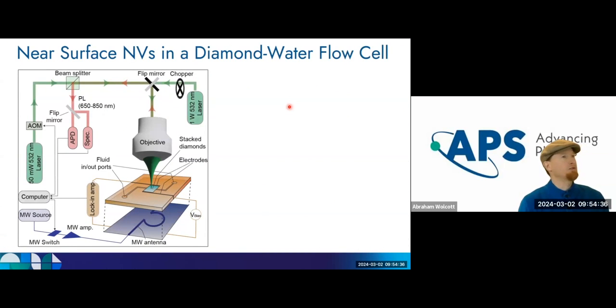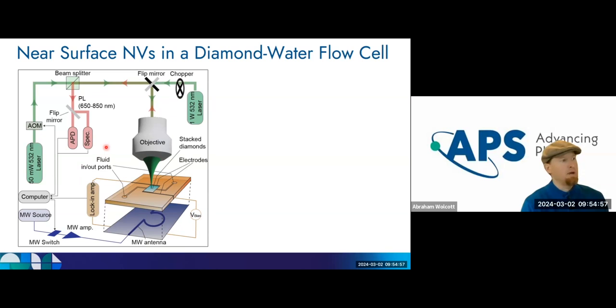So these near surface NVs are in a diamond water flow cell. And on the left-hand side, this is a schematic of our microscope. On the left-hand side, you have much of the infrastructure in order to do optically detected magnetic resonance.